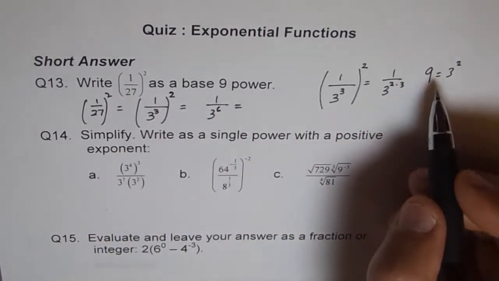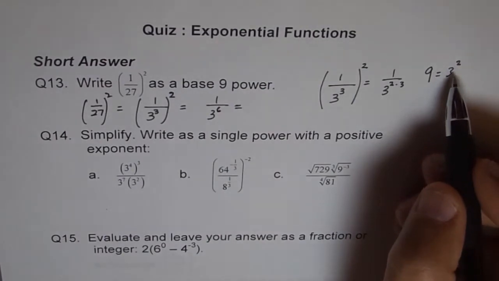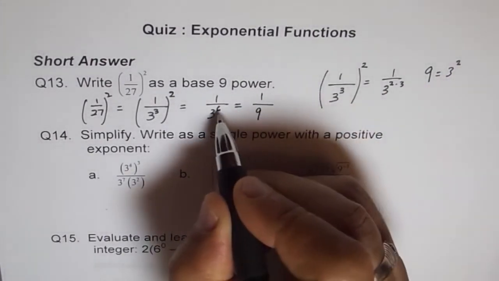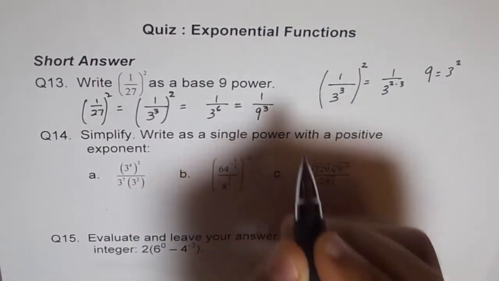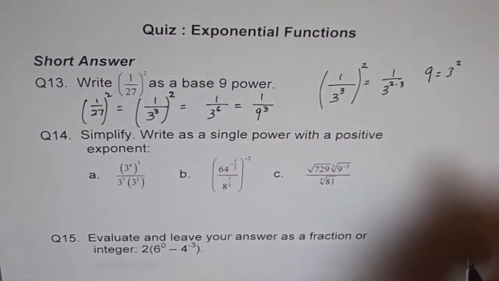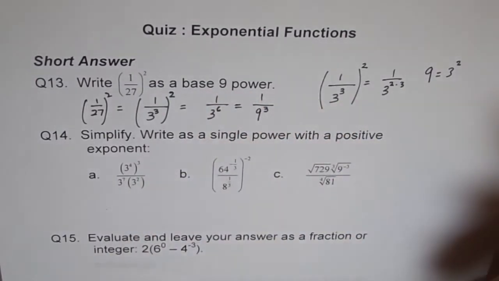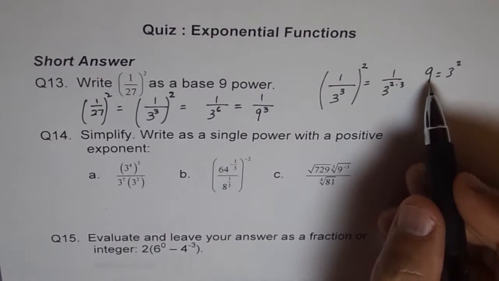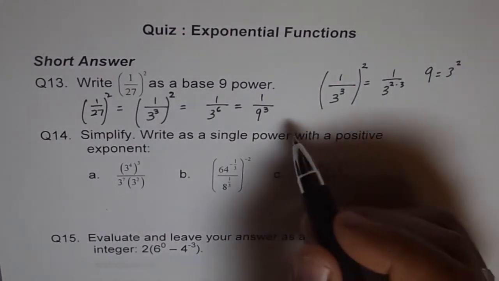And now we know that 9 is 3 square, so we could write this as 1 over 9, 6 divided by 2, which is cube, correct? So this is how we can write it as a power of base 9, because 9 is 3 square.